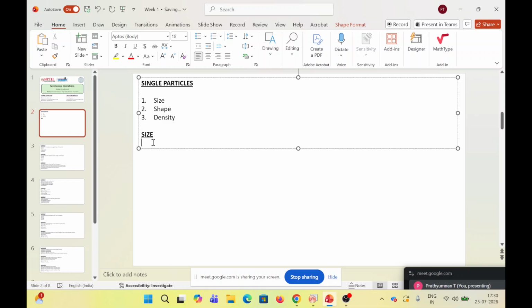But as engineers, it is very difficult for us to see how to use these particles. We are human beings, we have certain limitations.